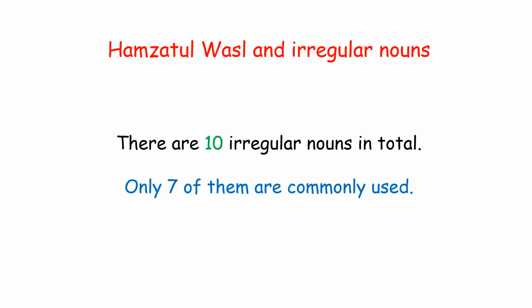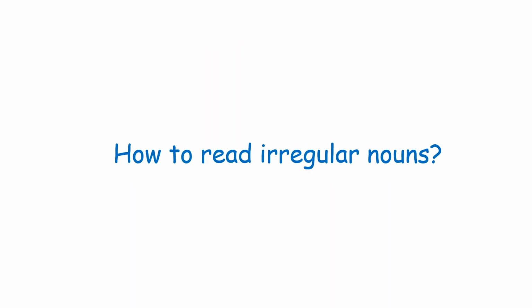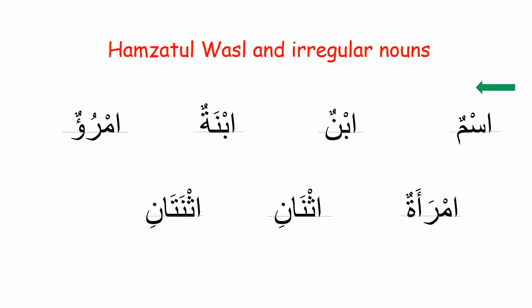So, again, all in all, we have 10 irregular nouns, but only 7 of them are commonly used in the Arabic language. Right, the question that arises here is, how do we read these words? Well, let me do the honors, please.